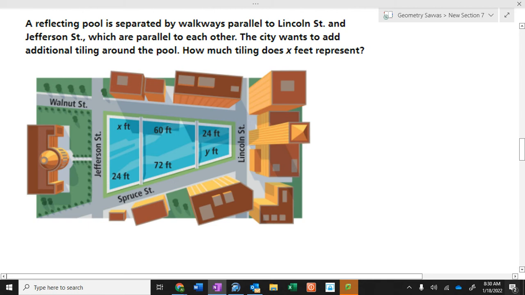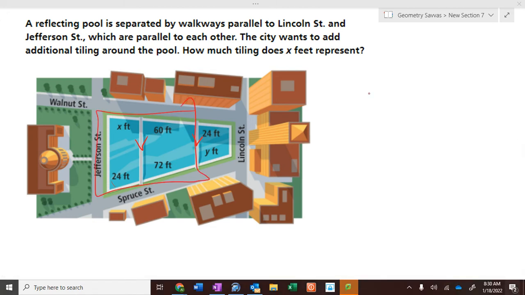Okay, so we want to know how much tiling there is here. These are parallel to each other, so everything is split proportionally. So Ellie Keller, how would I set up my proportion with just this part of it to figure out x? What over what equals what over what?